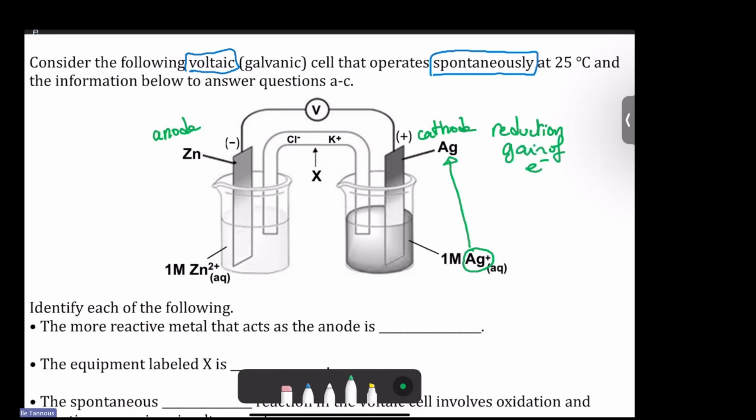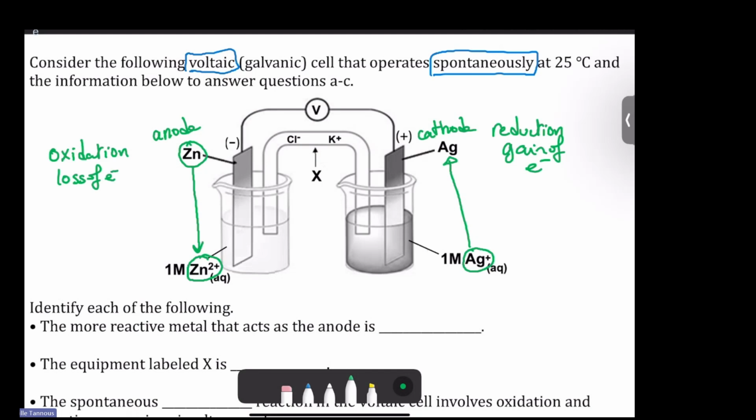Gain of electrons. But at the anode, it's the one that undergoes oxidation, and it's the metal of the anode that loses electrons to give more ions in the solution. So it's a loss of electrons.